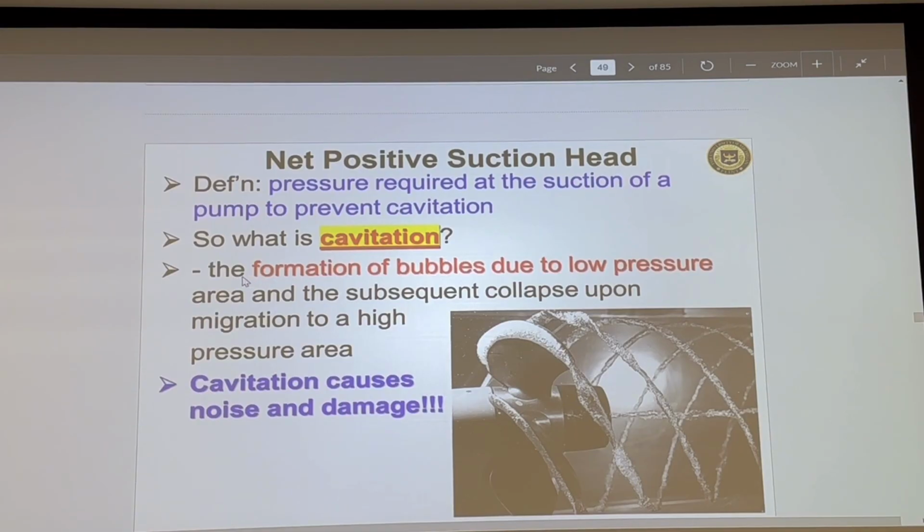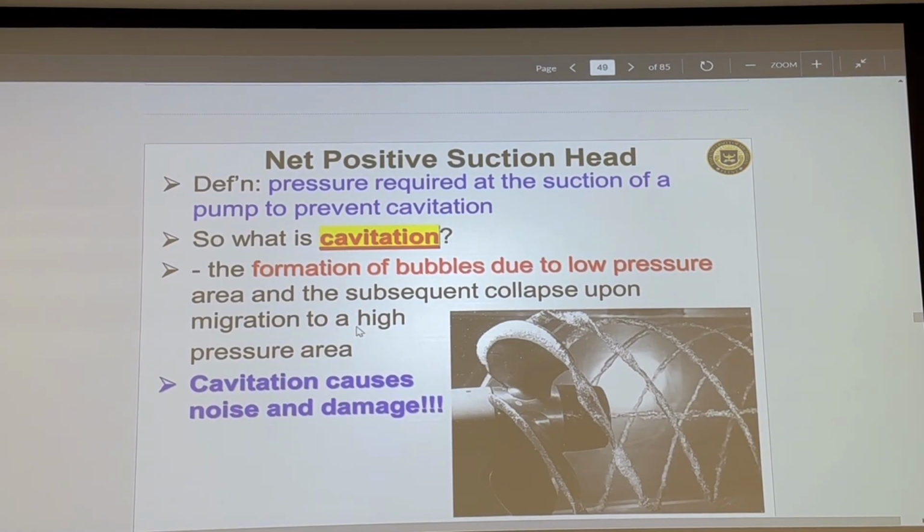So what is cavitation? The formation of bubbles due to a low pressure area and the subsequent collapse upon migration. If the inlet of the pump has a very low pressure, negative pressure, because the motor is running at a certain speed, and it's creating a pressure which is below the vapor pressure of the water, if it is pumping water, or below the vapor pressure of the gas, or whatever the fluid they are running, it creates cavitation.